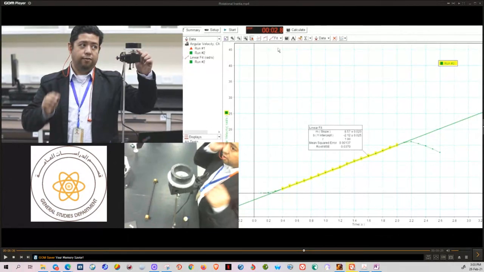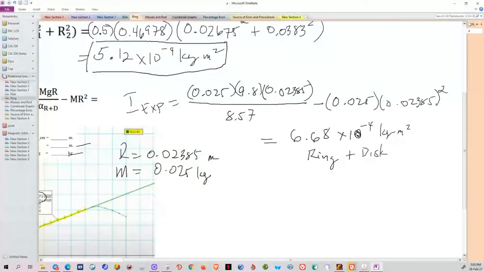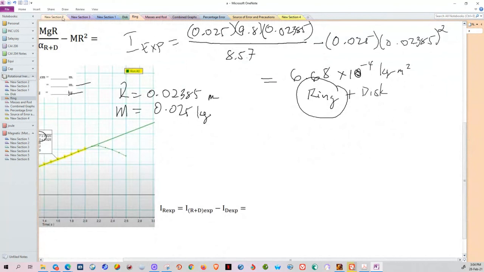How did you get 5.39, Musa? Maybe you got one step ahead. Okay, let's see. In order to find the inertia of the ring alone, because this is only for the ring by experiment, you have to minus the inertia of the disk using this rule. The inertia of the ring alone is the inertia that we calculated minus the inertia of the disk alone.